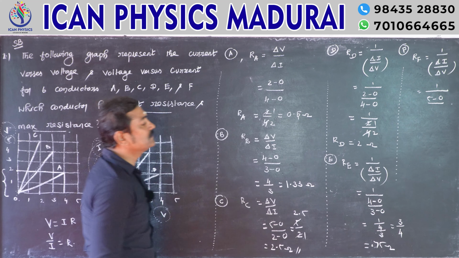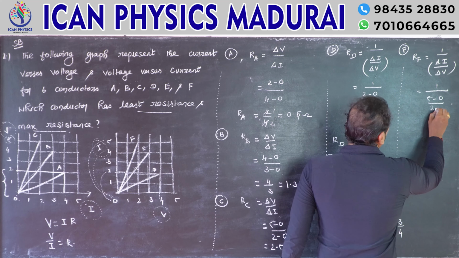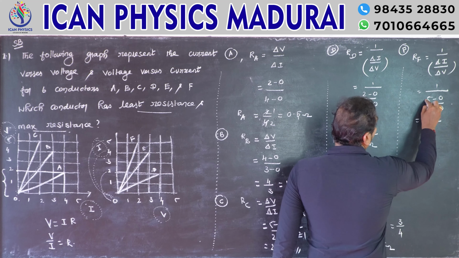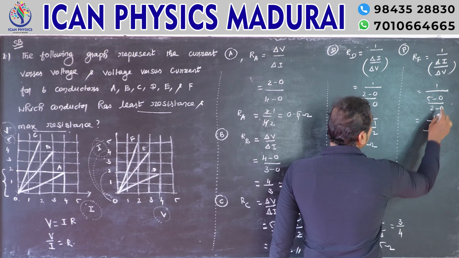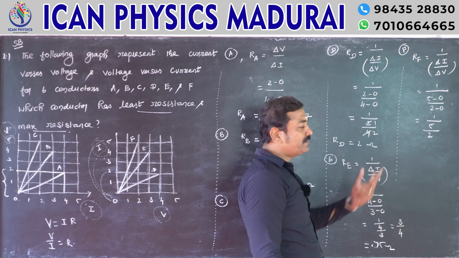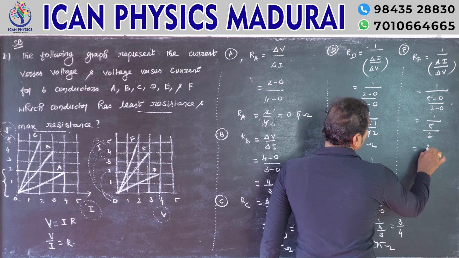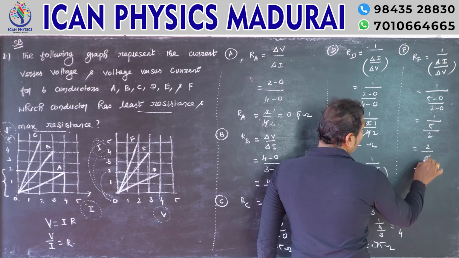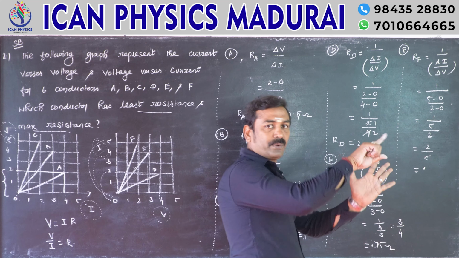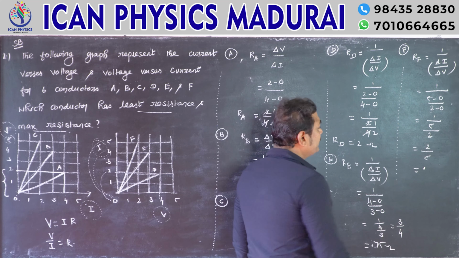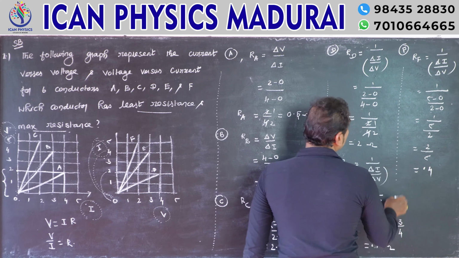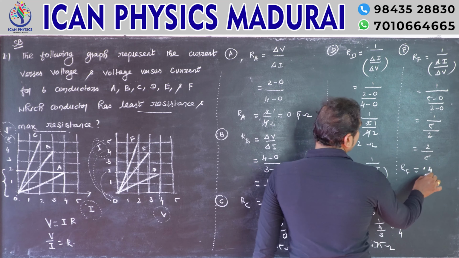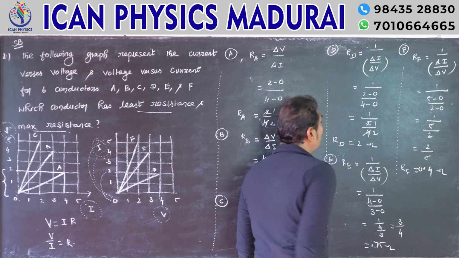So 2 minus 0. 1 by 5 minus 0 is 5, 2 minus 0 is 2. Now it becomes a reciprocal. So 2 by 5. So when you put the decimal point, then you can put 0, 20, then 4 5s are 20. So this is the resistance of F, 0.4.